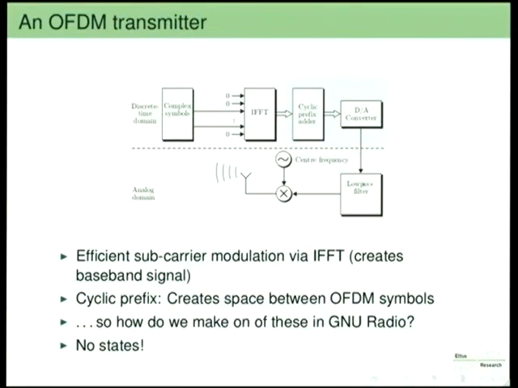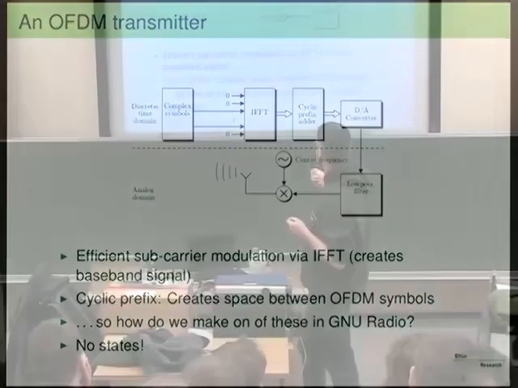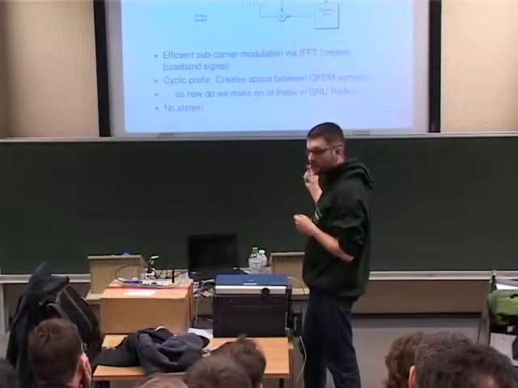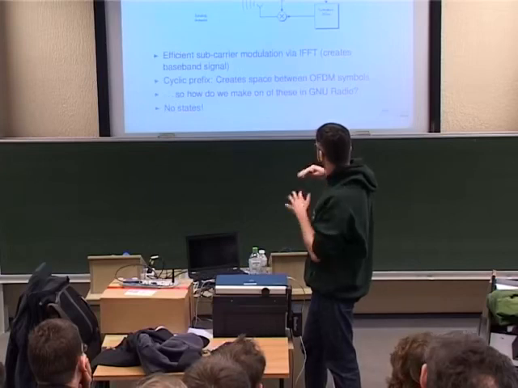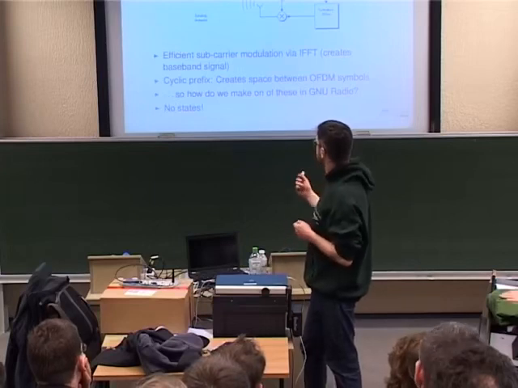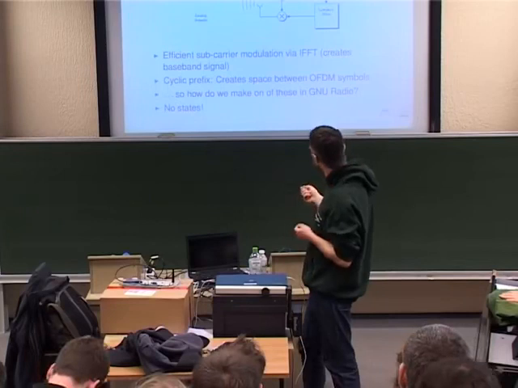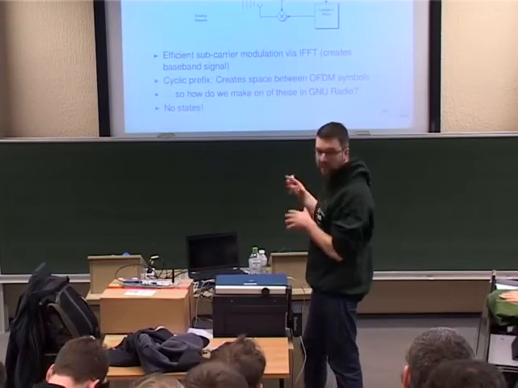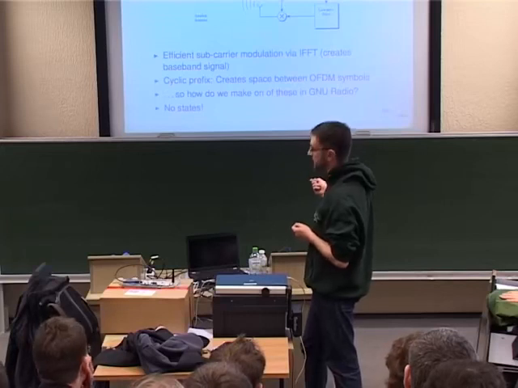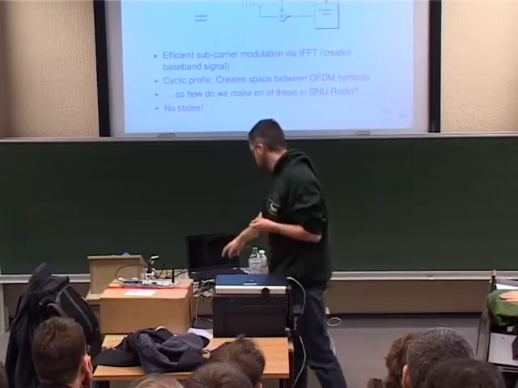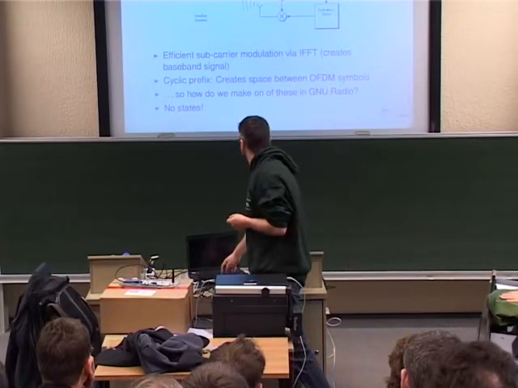We map bits to complex symbols, and we have this IFT operation, which, for reasons I don't want to explain here, does this frequency division multiplexing. Between symbols, we add a guard time, which we call cyclic prefix, and from here on, it's just your standard transmitter path. Okay.